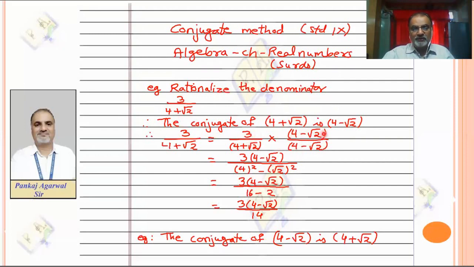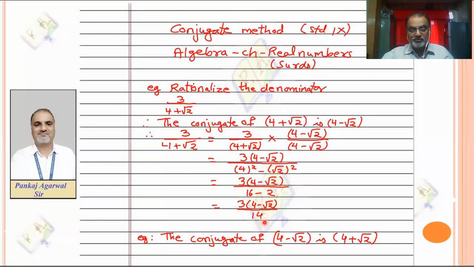Now, numerator we are not going to change. So in the denominator it is (4 plus root 2) into (4 minus root 2), which is nothing but (a plus b) into (a minus b). We can write a square minus b square: 4 the whole square minus root 2 the whole square. Numerator remains same. Denominator becomes 16 minus 2, which will become 14.